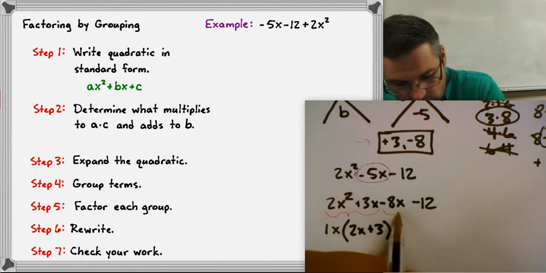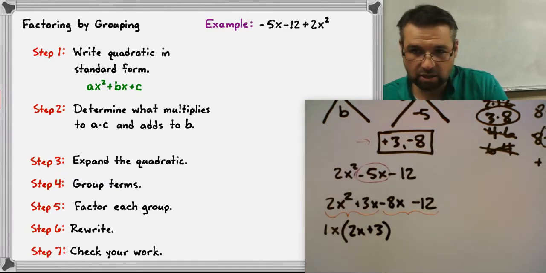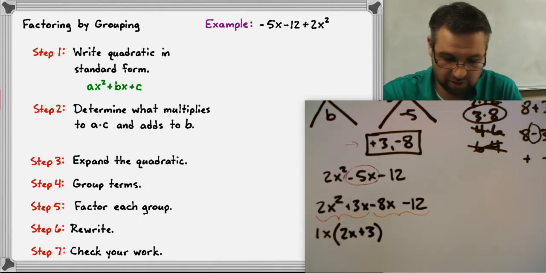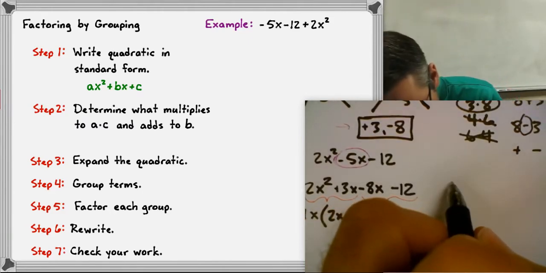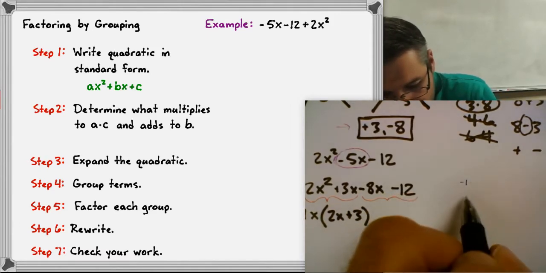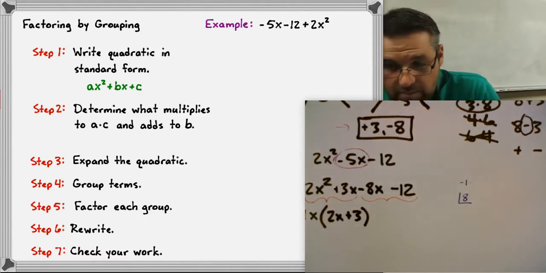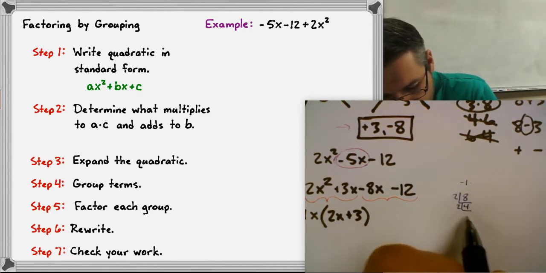My second group, negative 8x and negative 12, well, maybe you need a little bit more practice with factoring. So let's go ahead and factor the negative 8. The negative 8 factors to, well, first of all, negative 1 times something. Let's do our cake method. 8 divided by 2 is 4. 4 divided by 2 is 2.